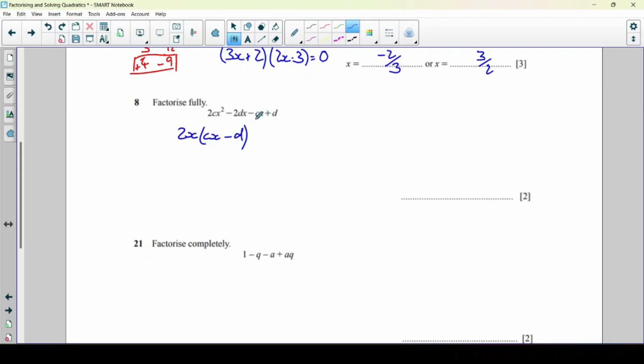And then for this one here, if you look carefully you should spot that the only thing I can take out is a 1, but ideally I want to take out a negative 1, because when I take out a negative 1 I'm going to get plus cx inside the brackets and then minus d as well. Minus 1 times minus d gives me that plus d there. So we get 2x minus 1, cx minus d.